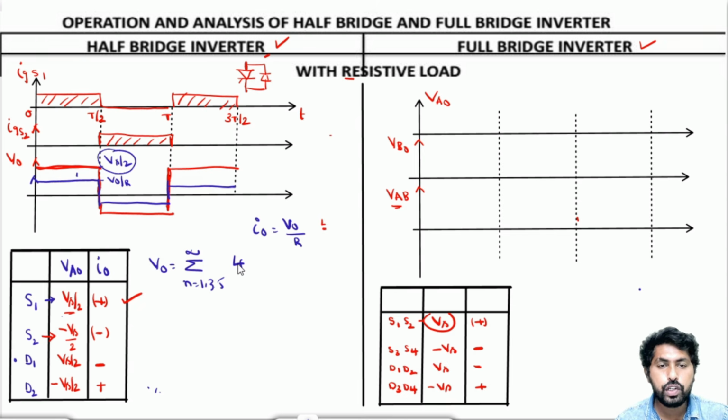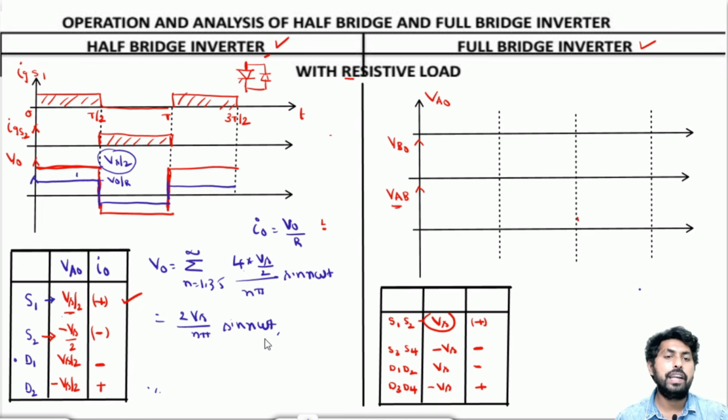So that is 4 into Vs by 2, divided by n pi into sin n omega t, which is equal to 2 Vs by n pi into sin n omega t. What about the Fourier series expression for I0?